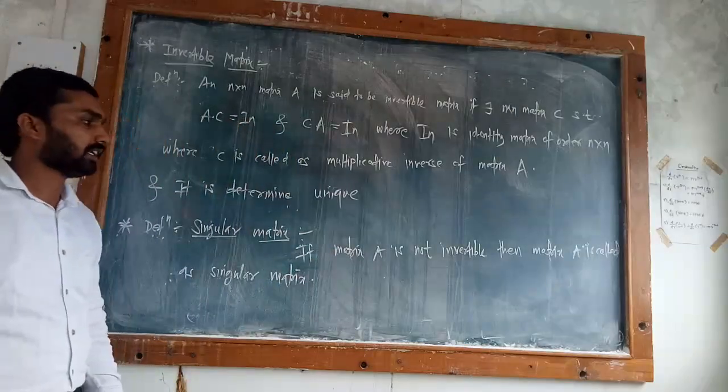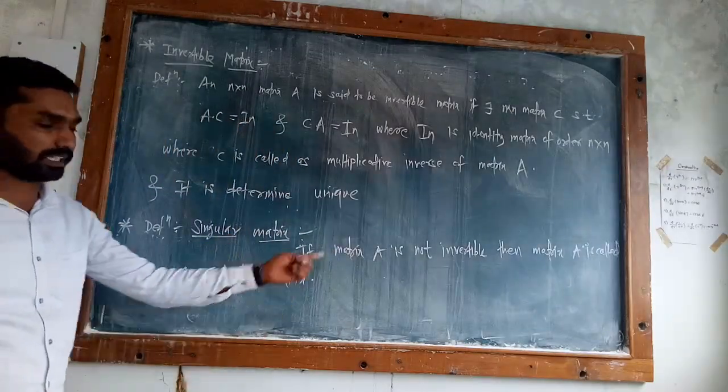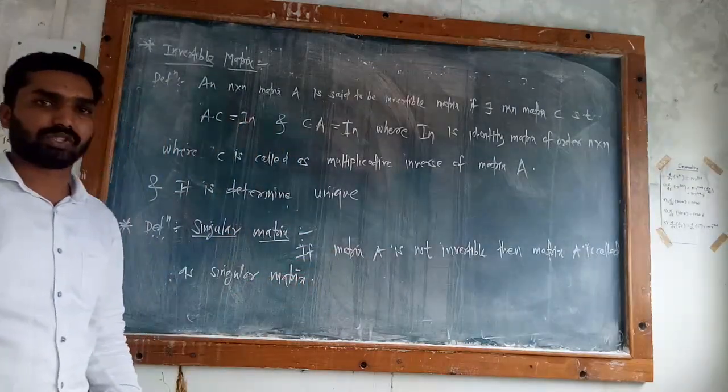What is a singular matrix? If matrix A is not invertible, then this matrix A is called a singular matrix.